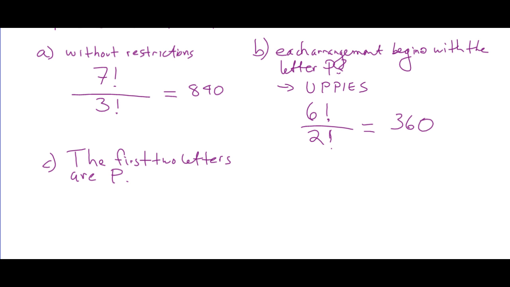Take them out, put them down on the board, wherever you're going to spell out the arrangements, right? And then say, okay, how many letters are left? 5, right? What are those letters? U, I, E, S, and P. So that's 5 factorial. Is there any repetition here? No, there are no more repeating letters, so it'll just be 5 factorial or 120 ways, right?